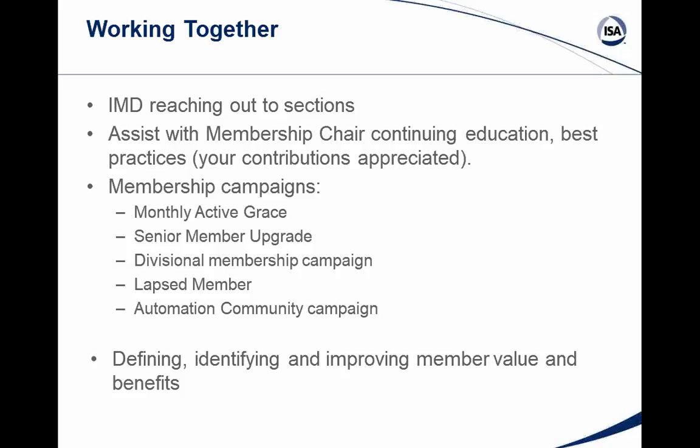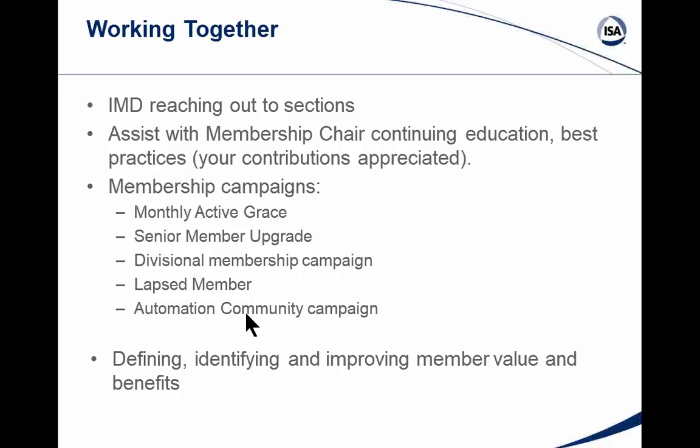For those of you who are aware, the Automation Community Campaign will occur probably in the new year. The Automation Community members have now been added to your roster, and they're really considered prospects. They've shown an interest in ISA, but they're not full members at all, and anything they receive is digital. It's not necessary that they receive full membership rights during your meetings, perhaps when you're charging for a seminar, webinar, or a dinner.